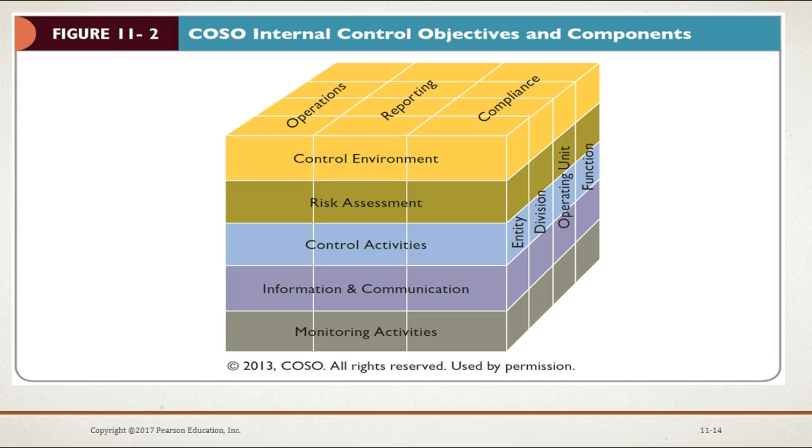And lastly, the organizational structure in the form of a cube, which are the entity, the division, the operating unit, and function within the organization. You can find Figure 11-2 on page 340 of your textbook.